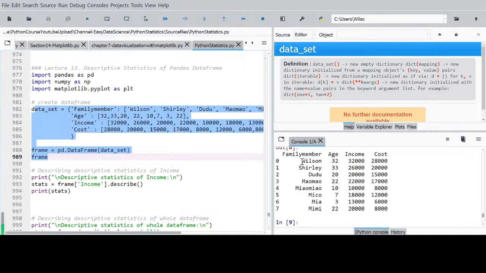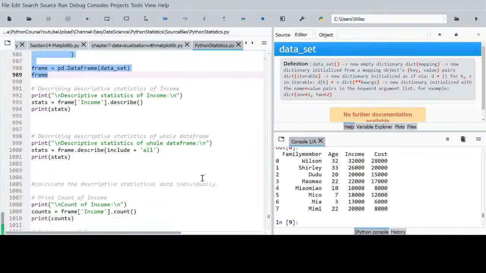The data frame for family has 4 columns: family member with character information, and age, income, and cost, which are numeric. Next, we can use frame.income.describe to calculate the descriptive statistics for the income variable.